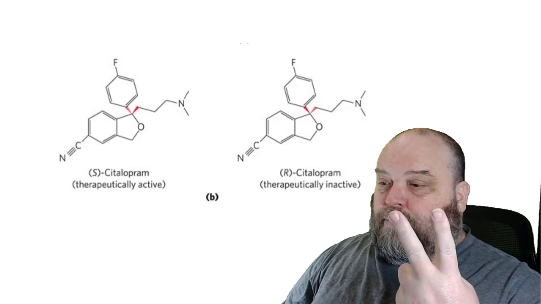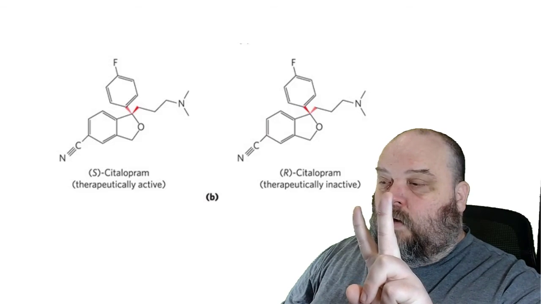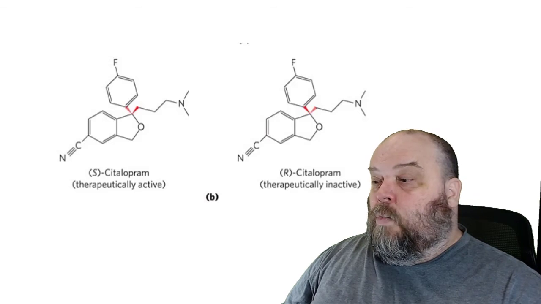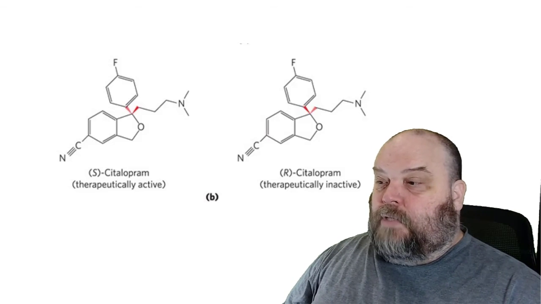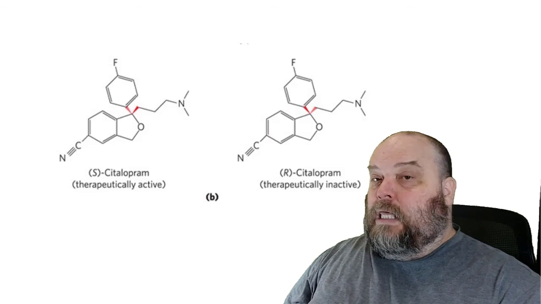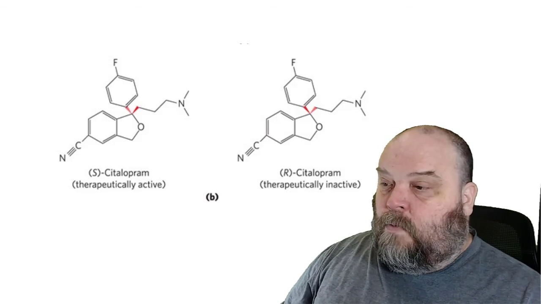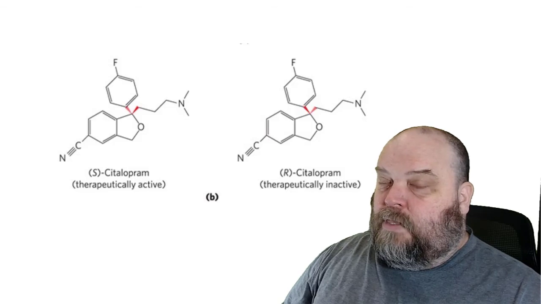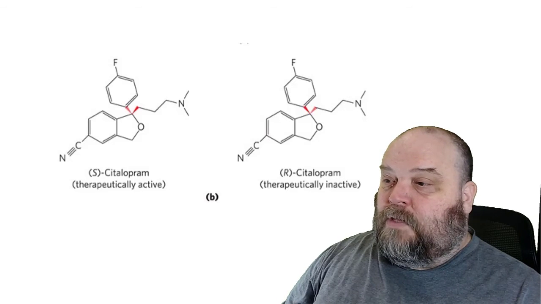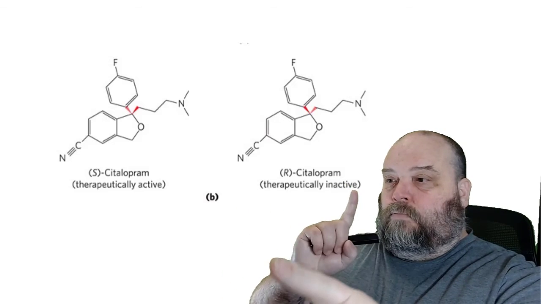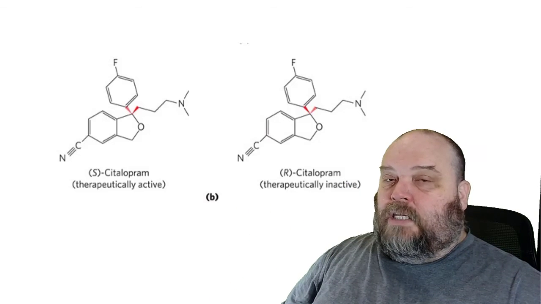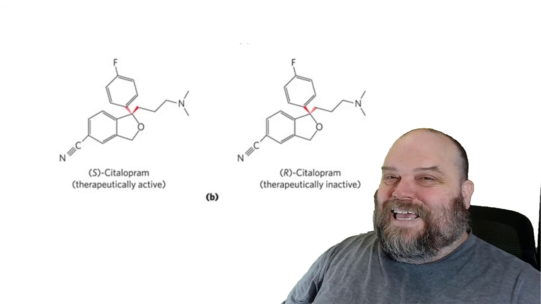They flip. One way versus the other. One way, that benzyl ring pointing back. The other way, it's pointing forward. And that carbon chain with the amino group at the end is going the other way. Slight changes, big differences.